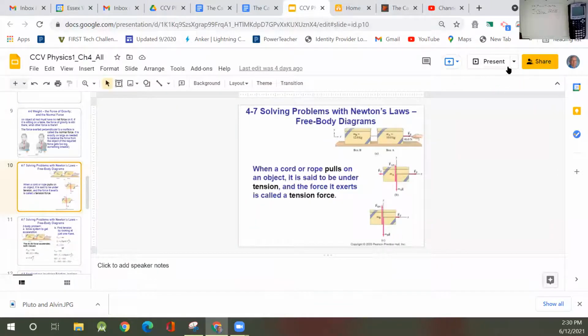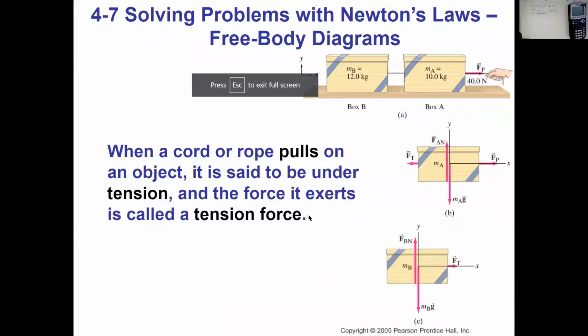Now if we take a look at this situation, out of the slide deck, we have two masses here and they're being pulled by 40 newtons of force. Here are free body diagrams labeling everything. But there's tension in this cord that connects the two boxes. At what point do we care about that tension?